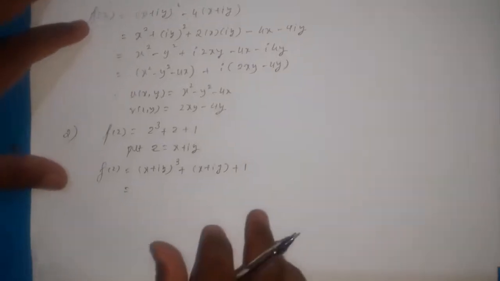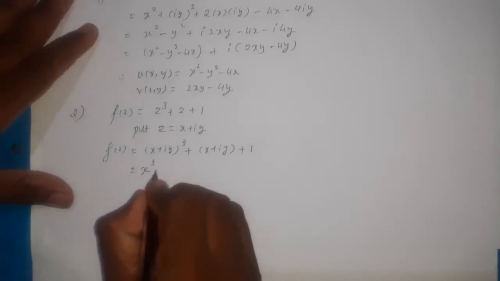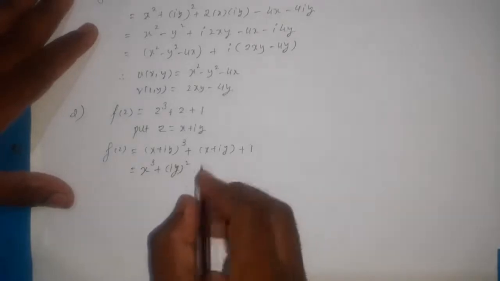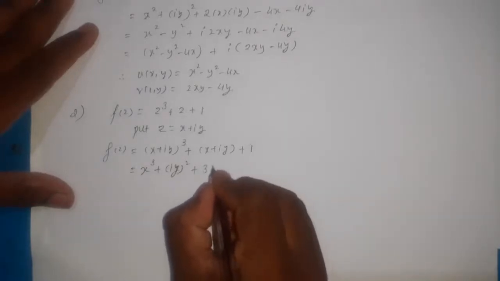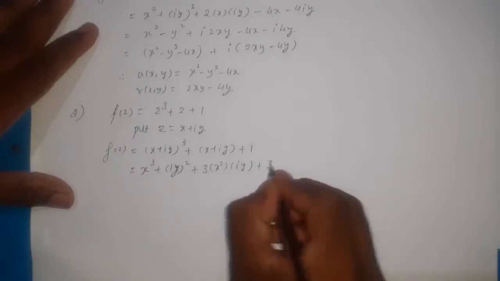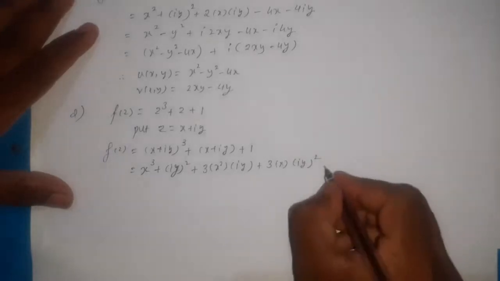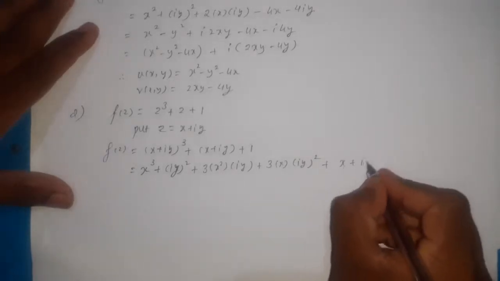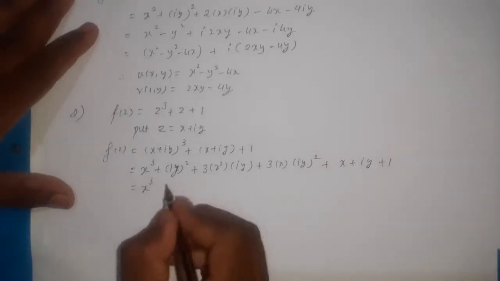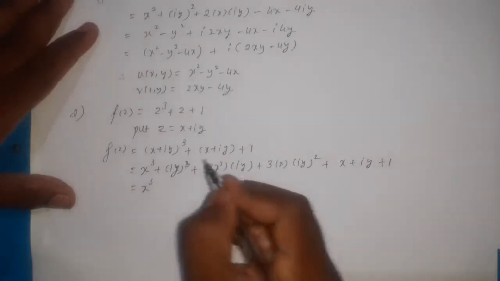By using that identity, this is x cube plus iy whole cube, that is a cube plus b cube, plus 3 a square b plus 3 a b square, plus x plus iy plus 1. Then it is equal to x cube, and here we have iy whole cube.